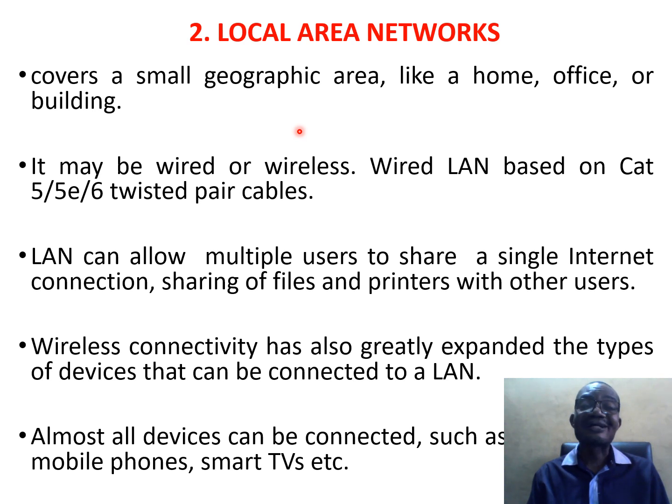That is a local area network. It may be wired or it may be a wireless local area network. Wired local area networks are based on Cat5 twisted pair cables or Cat5e or Cat6 twisted pair cables.